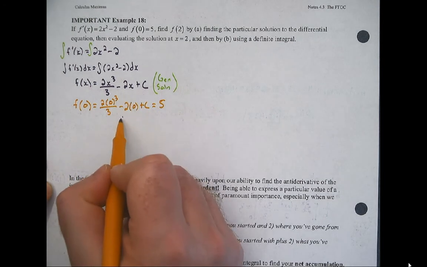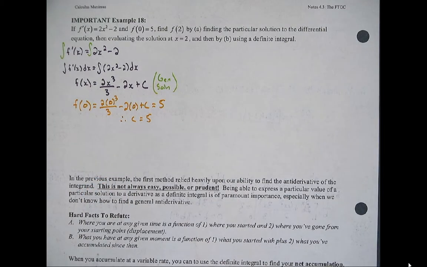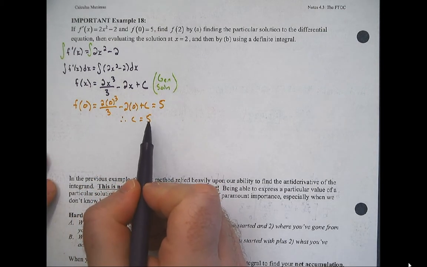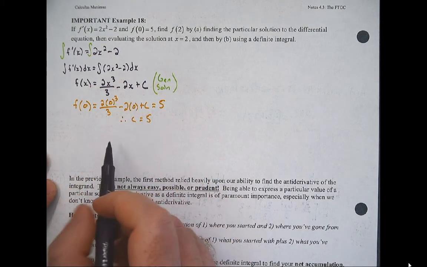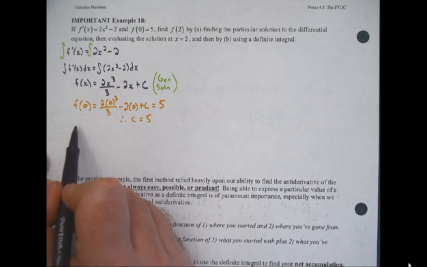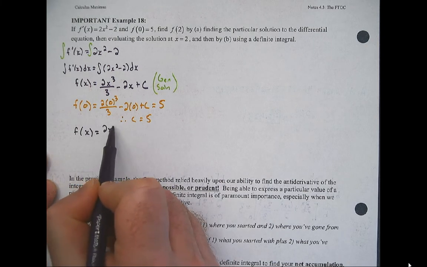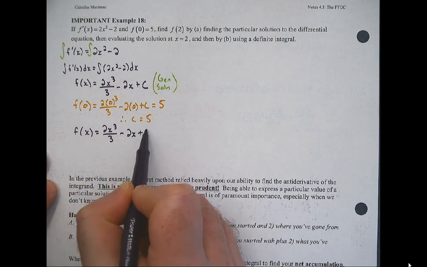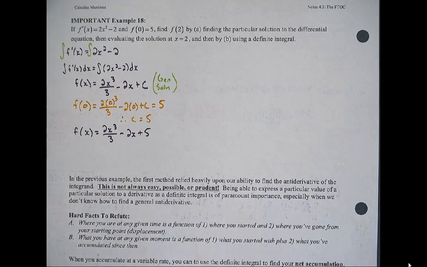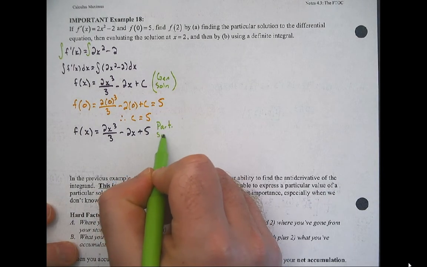So we get, therefore, c equals 5. So now I can take this c value and put it back into our general solution to get a particular solution. So f of x is equal to 2x cubed over 3 minus 2x plus 5. This is what we call a particular solution.